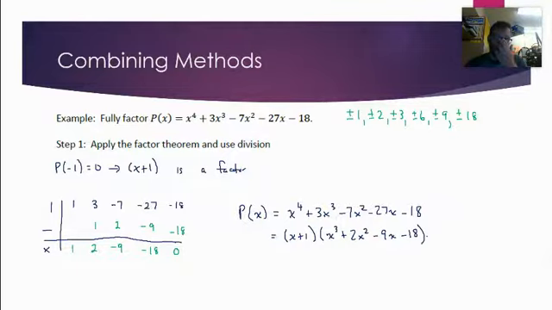All right, now we have some options. Our first option is to take the cubic polynomial in that second bracket and apply the factor theorem and do more division. Or we could apply some factoring techniques from earlier grades. So we're going to do both.